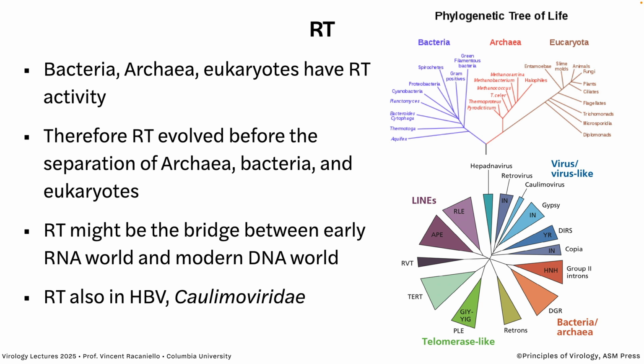In fact, we think that reverse transcriptase might be the bridge between the RNA world and the modern DNA world. So remember, there was a world where just RNA molecules existed. They replicated. They could splice themselves. Maybe they could even make proteins. And then, among the proteins made, arose a reverse transcriptase.